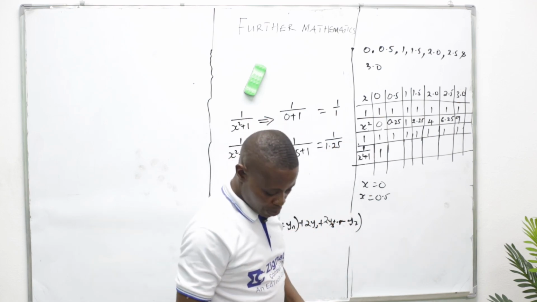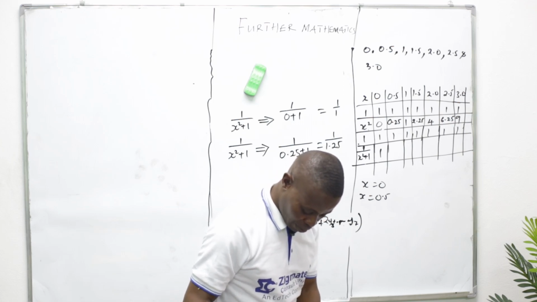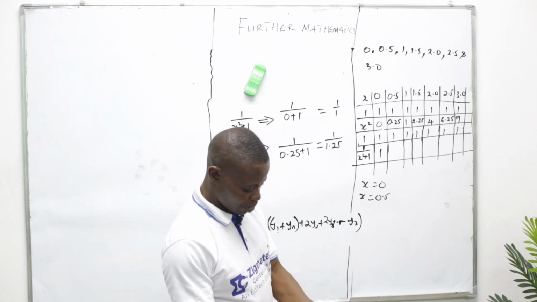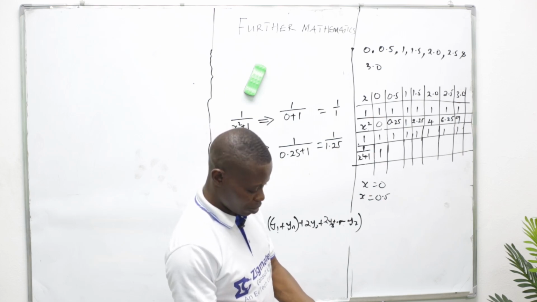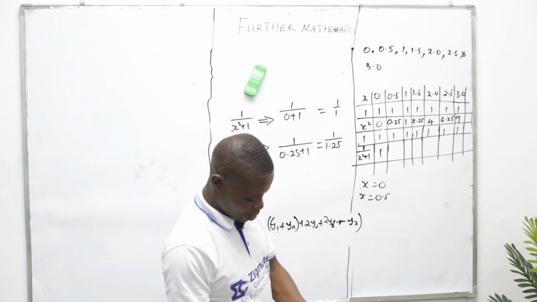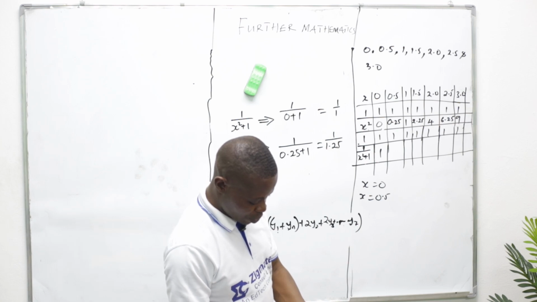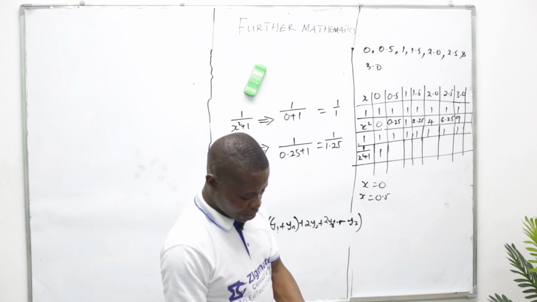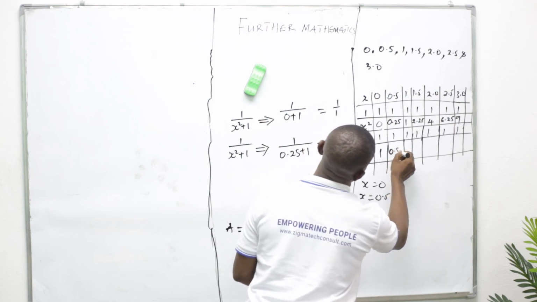Let's check. Let's punch our calculator. This is 1 plus 0.25 plus 1, 1.25, 1 all over 1.25, 0.8. I will write 0.8.